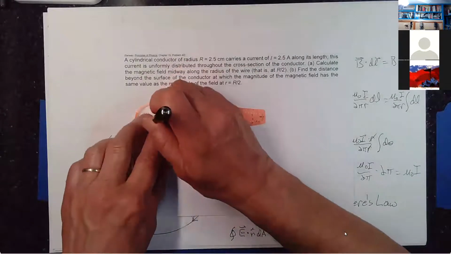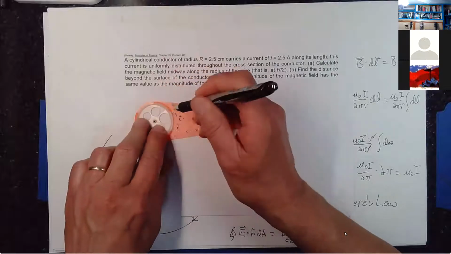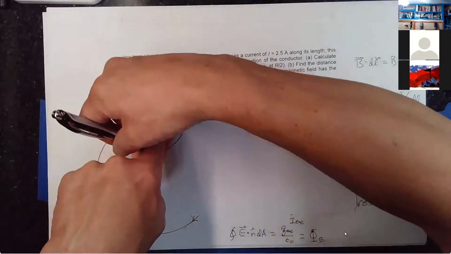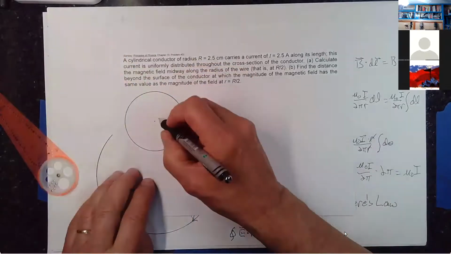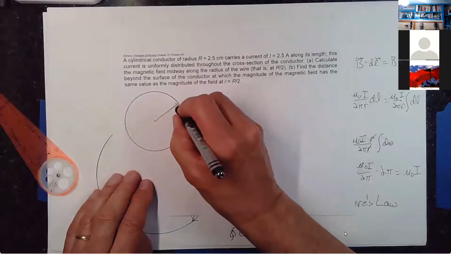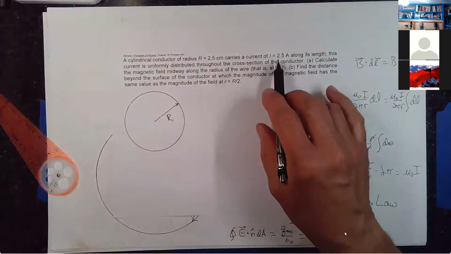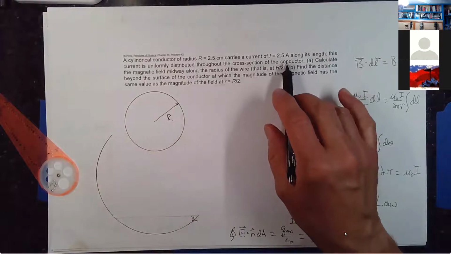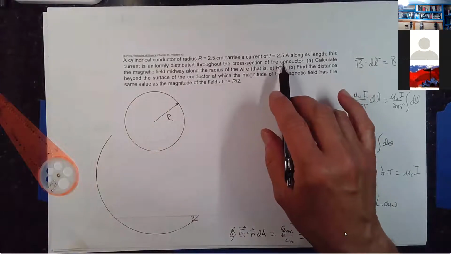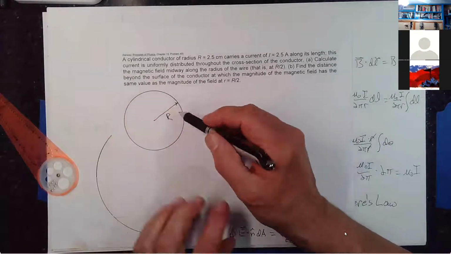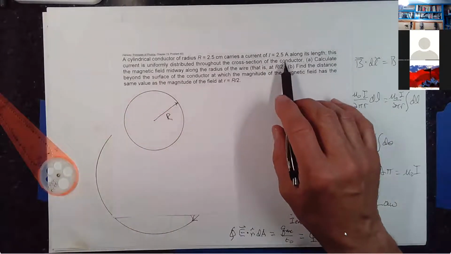Oh, I'll put a point on here. I can just draw myself a circle there to represent this wire and give it a capital R, and it carries a current of 2.5 amps along its length. It should be able to handle that current with absolutely no problem, because you can have a wire that's much smaller than this in diameter that handles that much current.